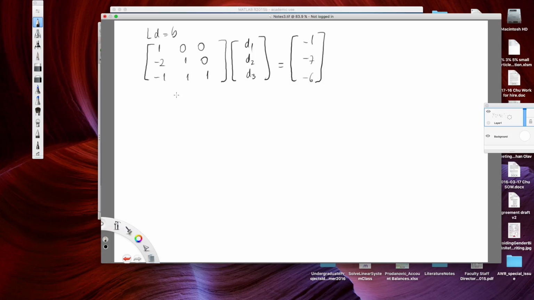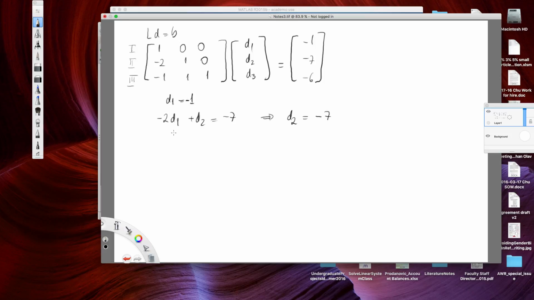So D1 is minus 1. And then I have minus 2 D1 plus D2 is equal to minus 7. So it gives me that D2 is equal to? Would D1 be -1, correct.